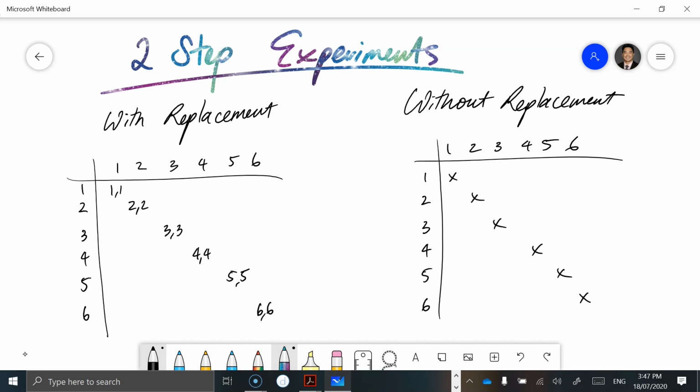So what are the possible outcomes with replacement? We're looking at 6 times 6, which is 36 outcomes.